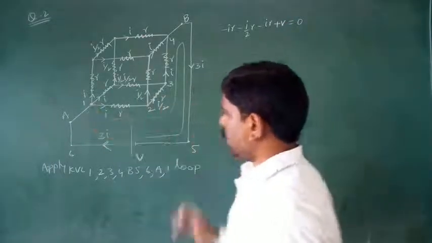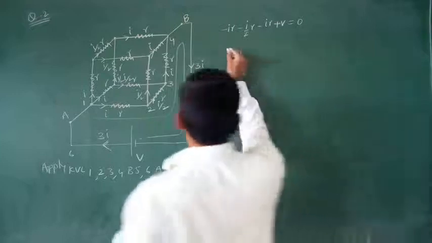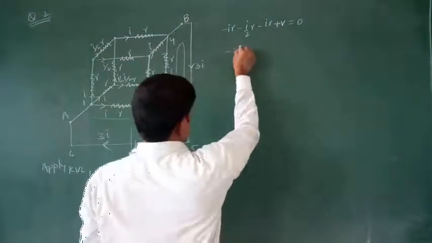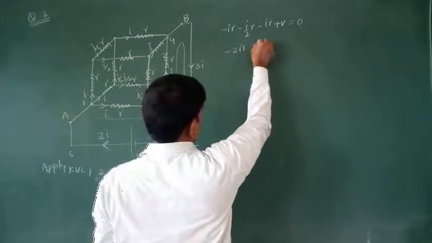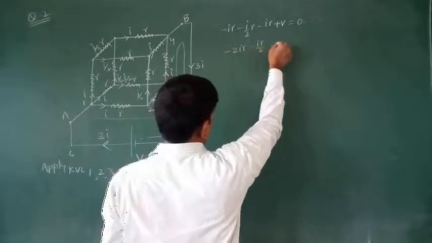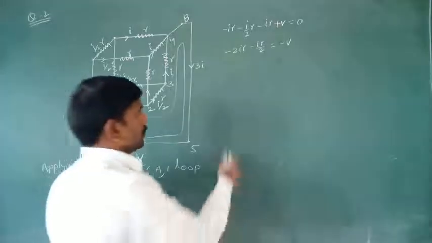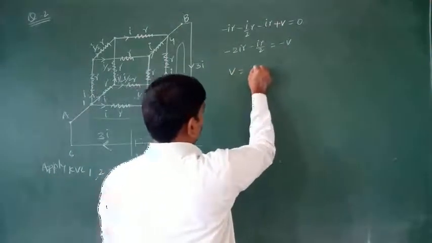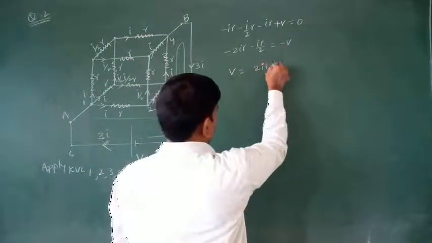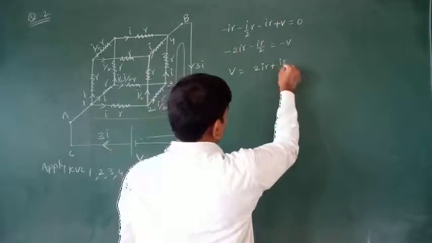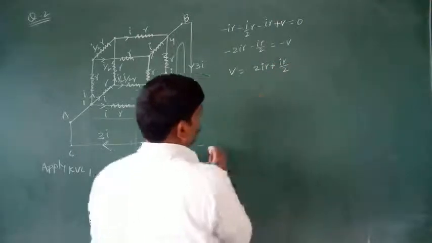That means minus 2IR minus I into R by 2 plus V is equal to 0. Therefore, V is equal to 2IR plus IR by 2 plus IR by 2.